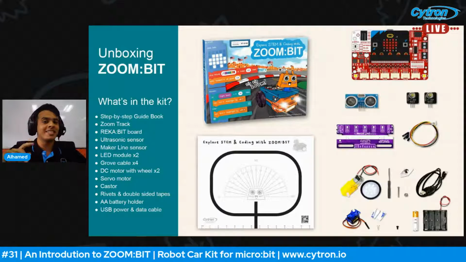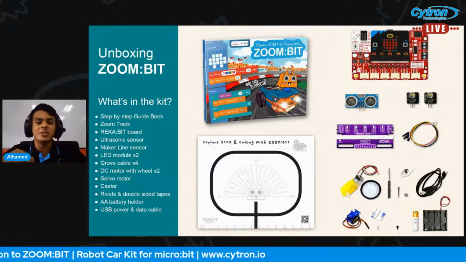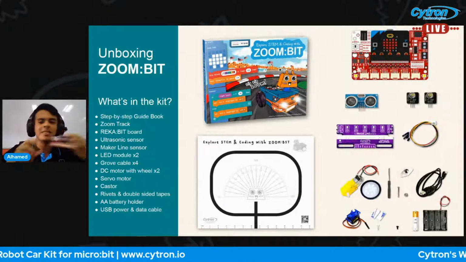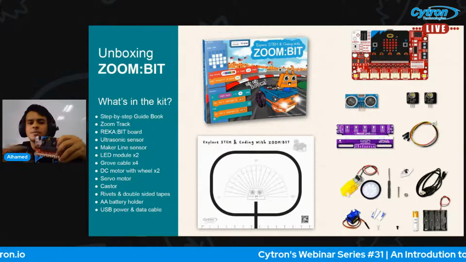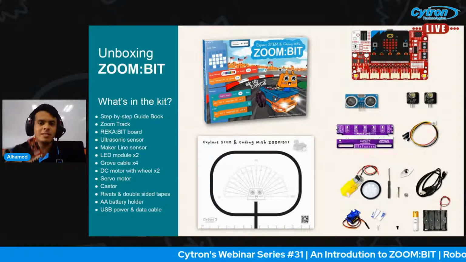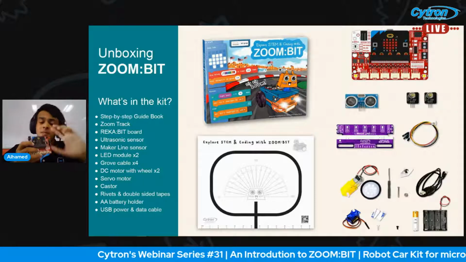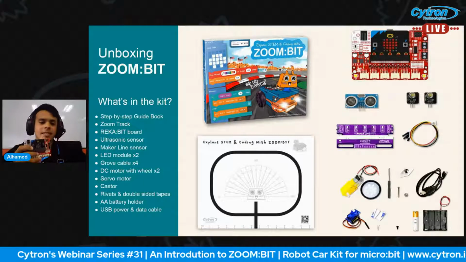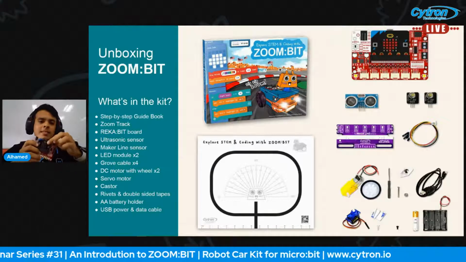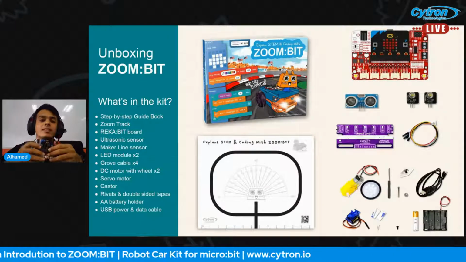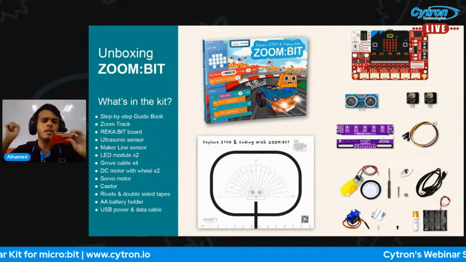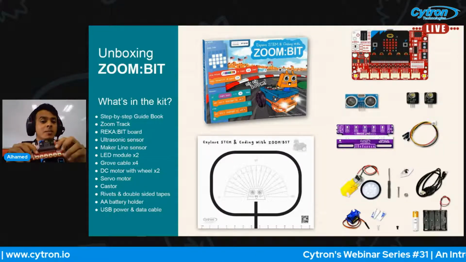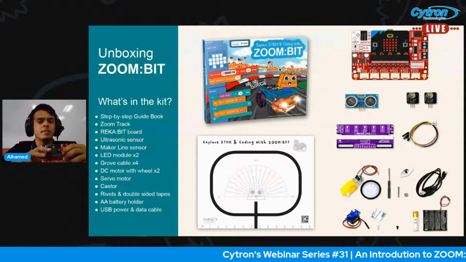And oh, yes, now we are speaking about the heart of ZoomBit, which is the Rekabit board. Some of you may wonder now, what is Rekabit? So, in simple words, Rekabit basically holds the microbit inside it and makes the connection of the sensors and motors super easy. It also has RGB LEDs built on it.